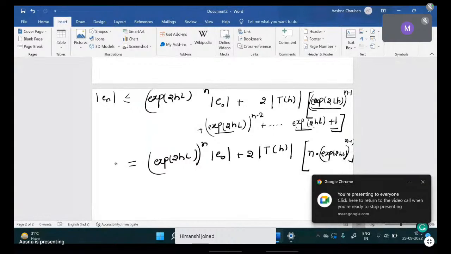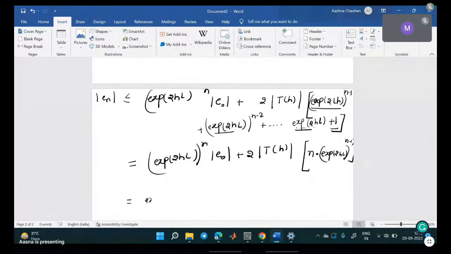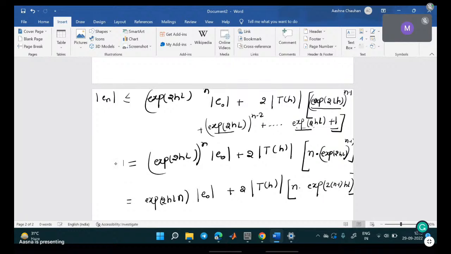Now I can also write this equation as exp 2hl n, right? I'm taking this power into this multiplication, into mod e naught plus twice of mod th n times exponential of twice of n minus 1 hl, close bracket.